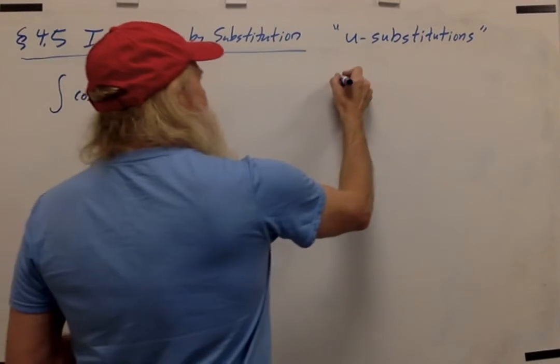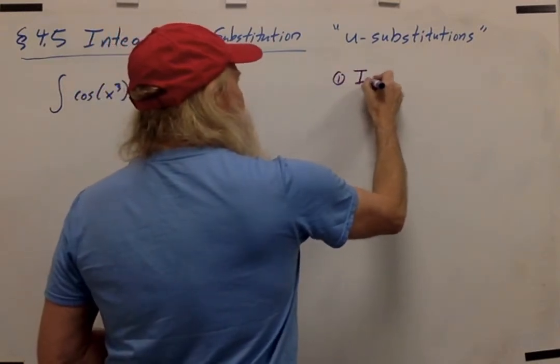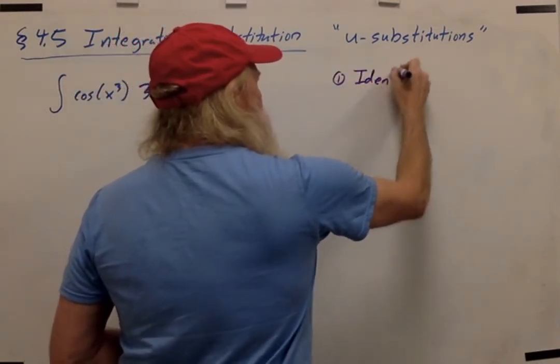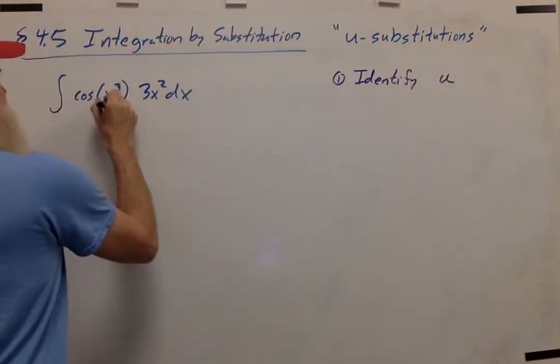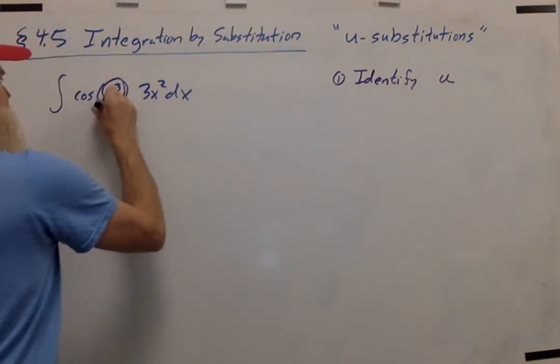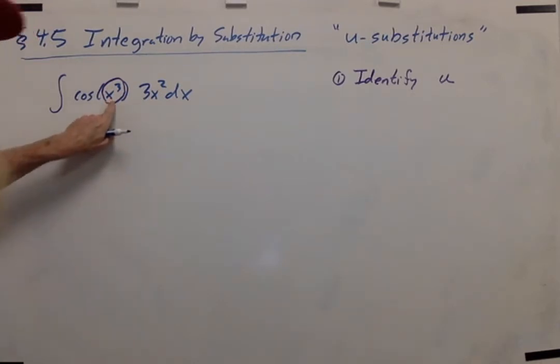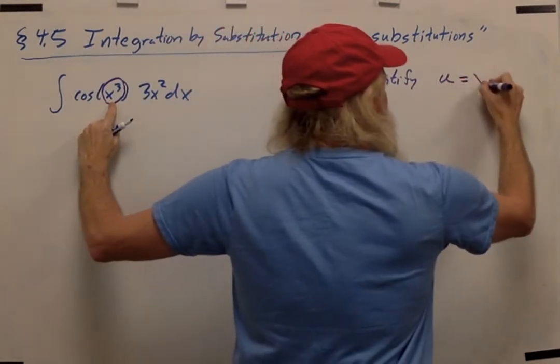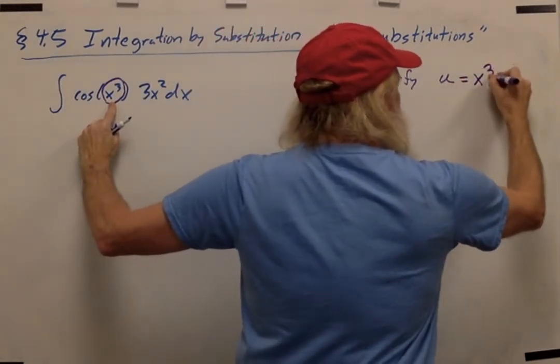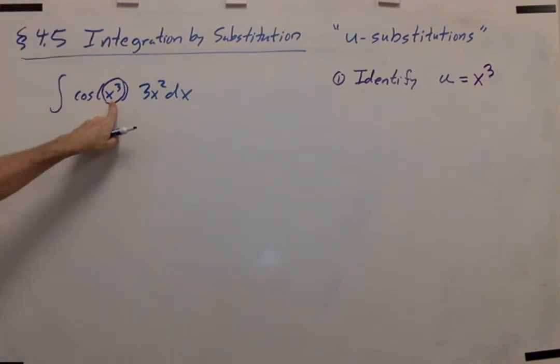The first step is going to be to identify the u. In this case, and in general, u is usually a function which is inside another function, because that's when you apply the chain rule. And remember, we're trying to do the chain rule backwards. So the first step is to identify that we're going to use u equal to x cubed.